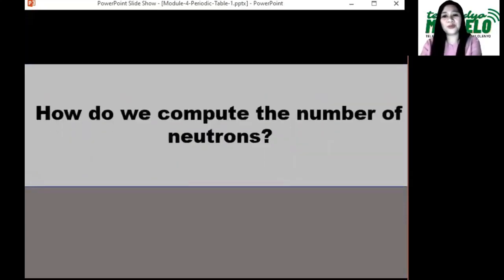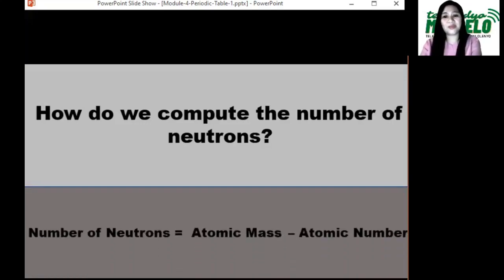Now, how do we compute the number of neutrons? Number of neutrons is equal to mass number minus the atomic number. Amazing! Your answers are all correct.